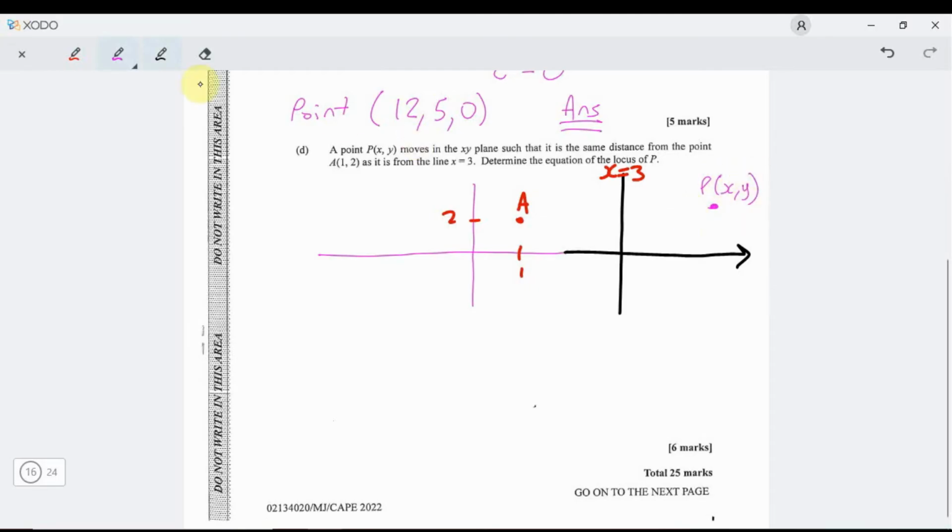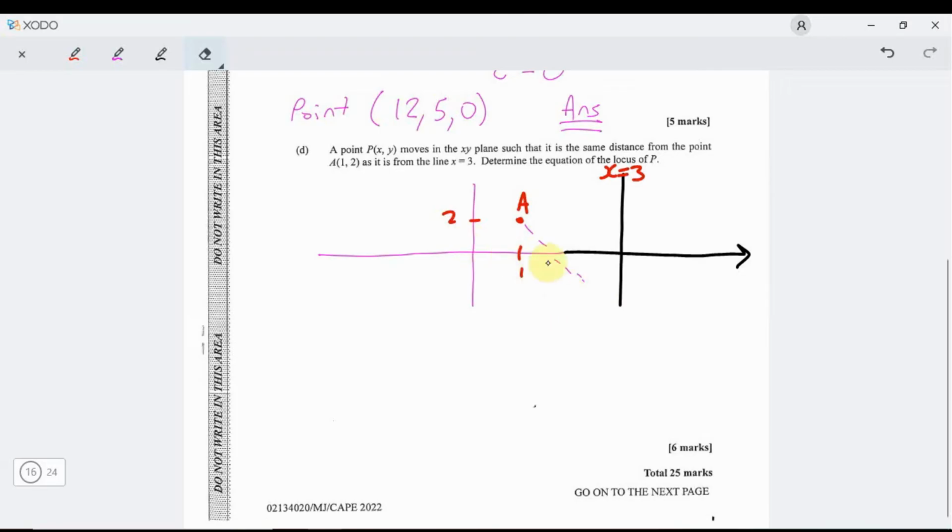So since P is an arbitrary point, what they're telling us is, if I make dotted lines, the point P is what? Remember, it is the same distance from the point A as it is from the line x equals 3. Maybe P wouldn't be here then. We want to show some sort of equidistance, but wherever we put P, let's say P is right there. What we do know is that it is equidistant from the line x equals 3.